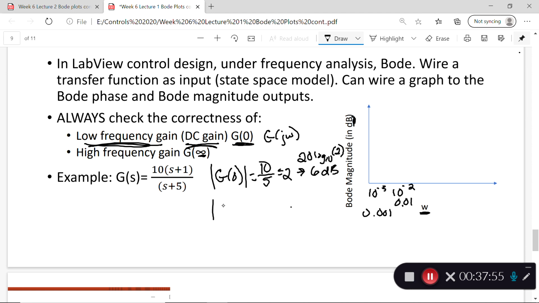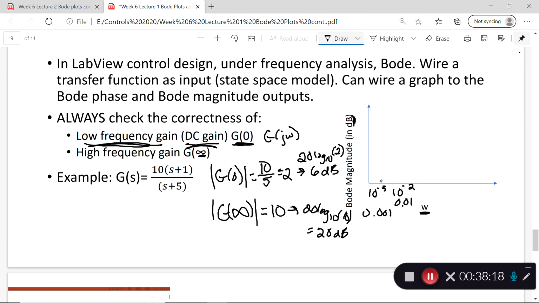Okay. When I plug in infinity for my frequency, a very high frequency, now I have infinity over infinity. Infinity plus 1 is still infinity, infinity plus 5 is still infinity, but I do still get 10 multiplied here. So 20 times the log base 10 of 10, to put it in decibel form, gets me 20 decibels.